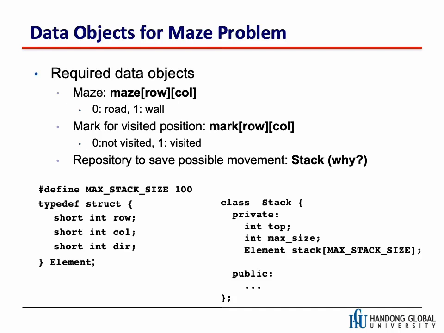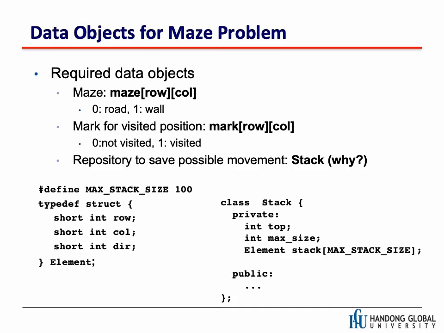And when we meet the dead end, we have to come back to branch 3, not branch 2 or branch 1, and try another option. So instead of checking branch 1 or branch 2, we check the closest branch from the dead end. So the last in will be the first out, which is what the stack is good at, right? That's why we need a stack.